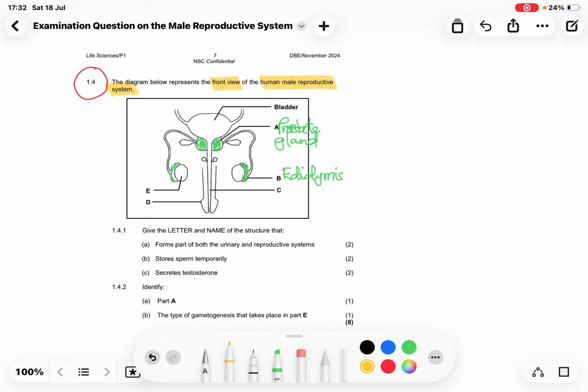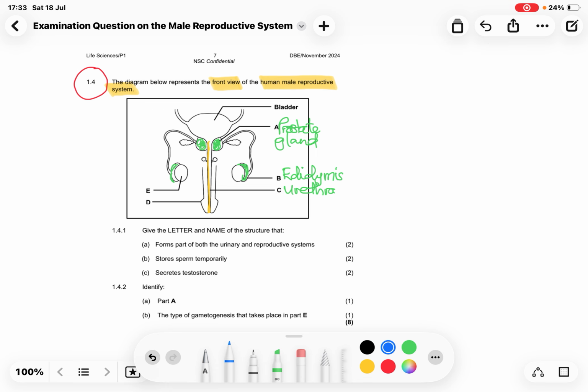Then part C, I'm just going to use a different color there, is this part that starts from the bladder and goes down to the external environment. And this part is our urethra. It is part of this reproductive system, but it is also part of the urinary system.